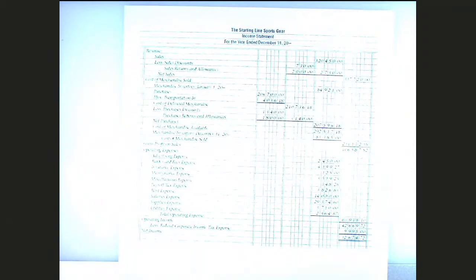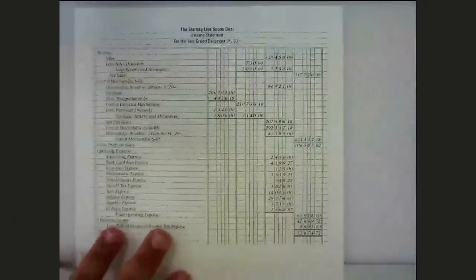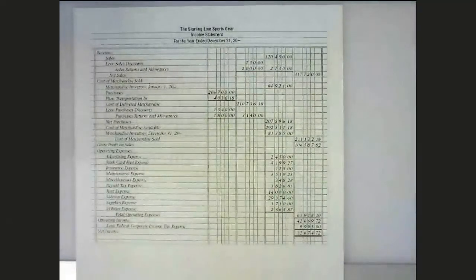There's the revenue section, cost of merchandise sold section, gross profit on sales, operating expense section, and then our net income.